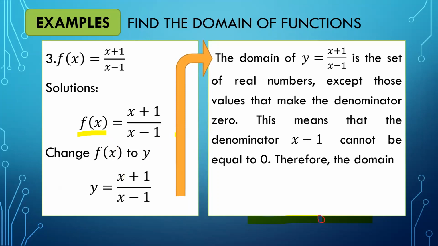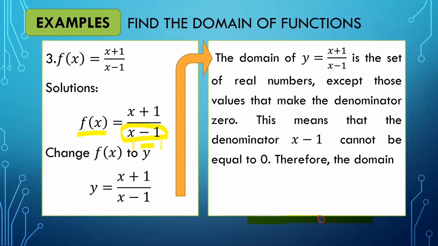This means that the denominator x minus 1 cannot be equal to 0. So here, what number, if we substitute to the denominator, will give us 0? So obviously, if x is equal to 1, 1 minus 1 is 0.